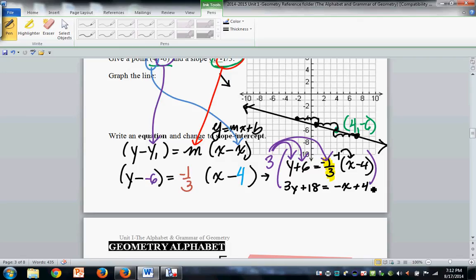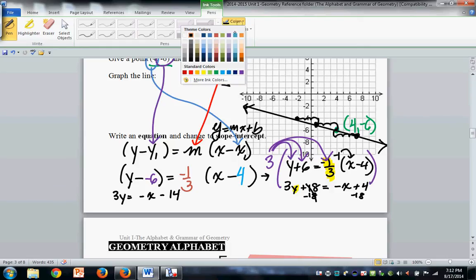Our goal is to get y by itself. That's our goal. So the first thing we're going to do is we're going to minus 18. I'm going to bring it over here. So we have 3y equals negative x minus 14. Divide everything by 3.